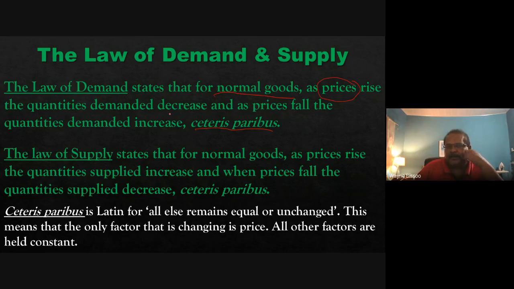In some instances, like for Veblen goods, when prices rise, quantities demanded increase. Remember that? Similarly, for normal goods, when incomes rise, we did that with the indifference curves analysis. We said when incomes rise, the quantities demanded of a good will also rise.